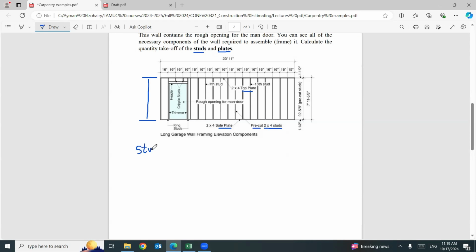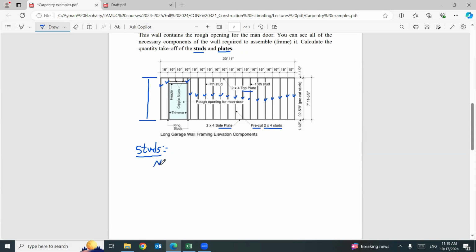Studs in the framing system of the wall are the vertical members. In this case, this is stud 1, 2, 3, 4, 5, 6, 7, 8, 9, 10, 11, 12, 13, 14, 15, 16, 17, 18.